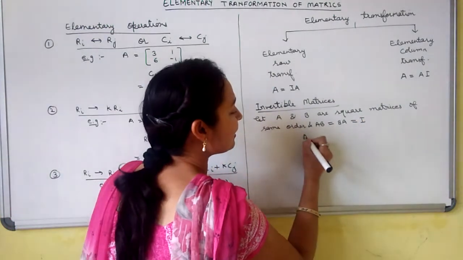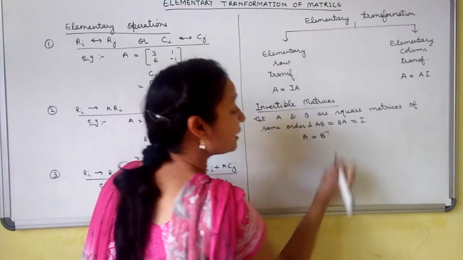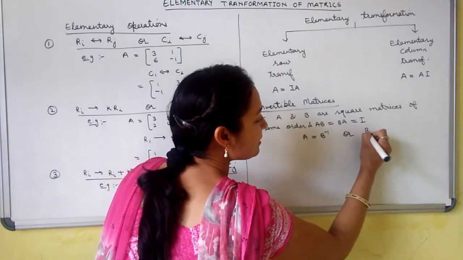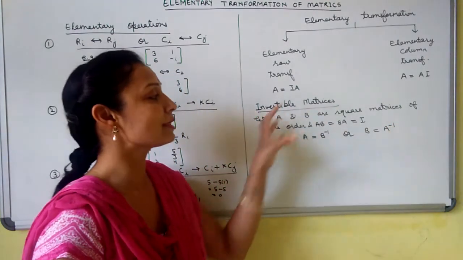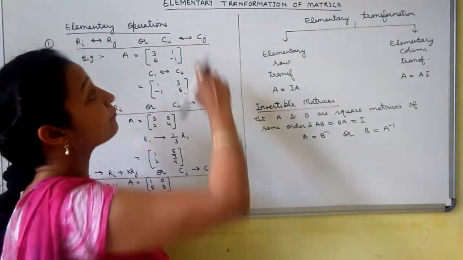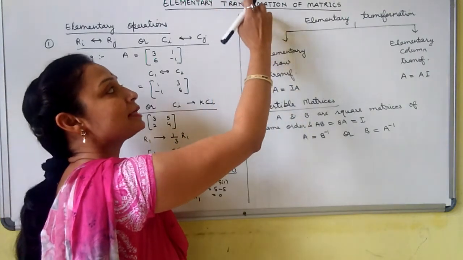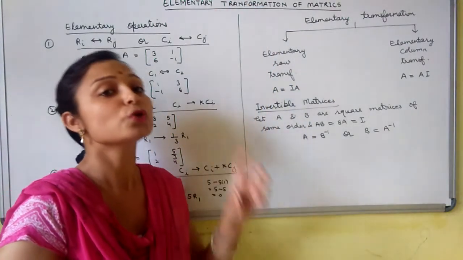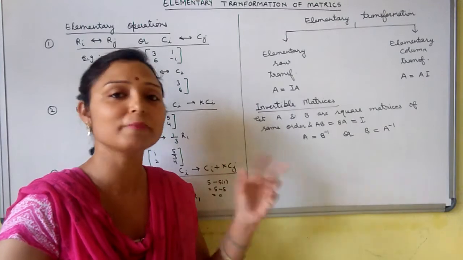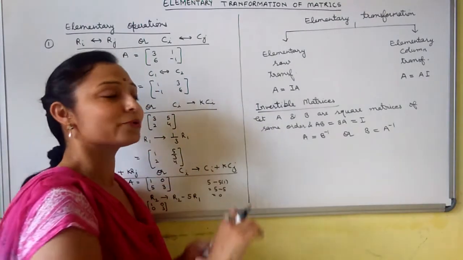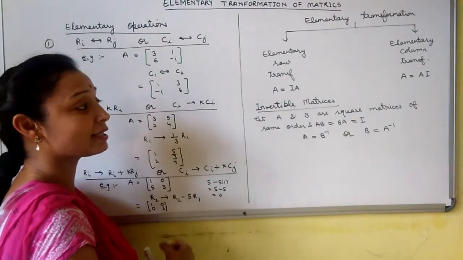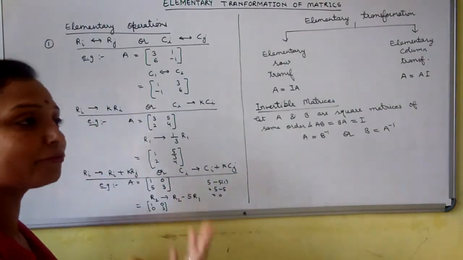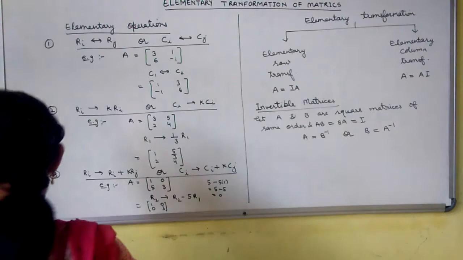Then we can say that A is the inverse of B or B is the inverse of A. This is known as an invertible matrix, and we will use elementary transformation to find the inverse of the matrix. Now come to the example where we have to use these 3 operations and see how we can find the inverse using elementary transformation.